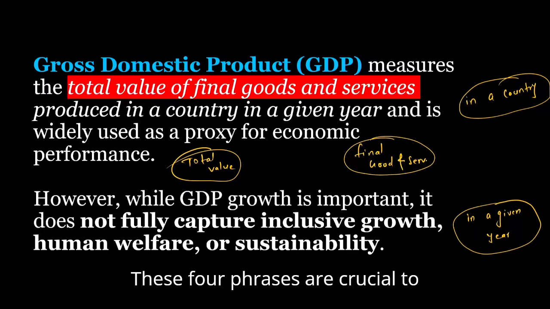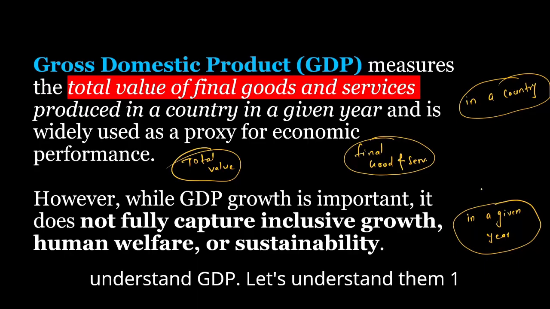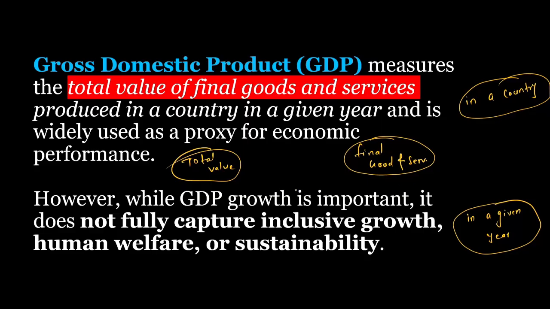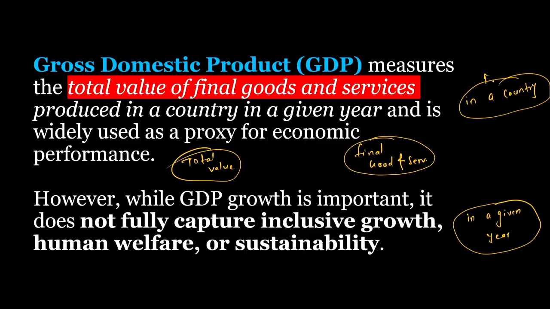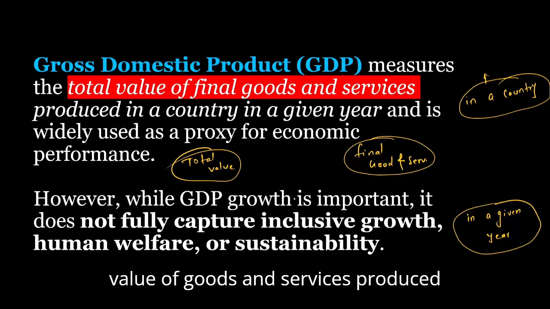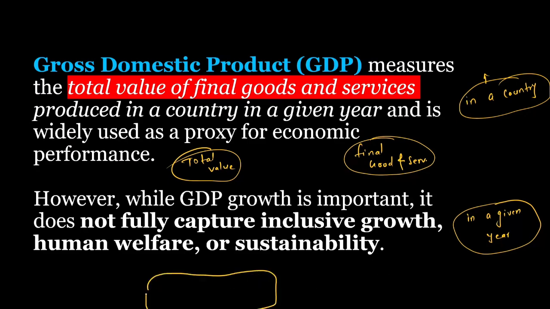These four phrases are crucial to understand GDP. Let's understand them one by one. First, understand in a country. GDP will include the value of goods and services produced within a territory. So let's assume this is a territory.